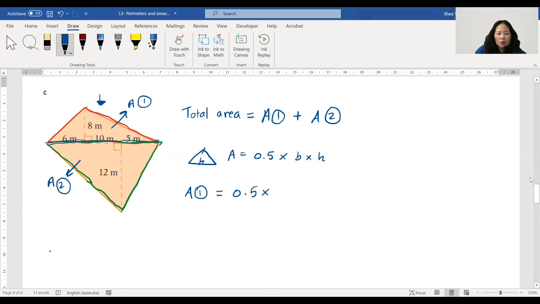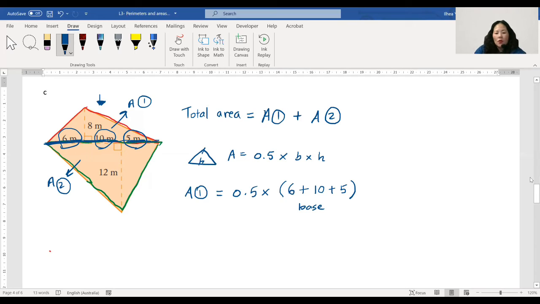Ooh, that looks like a big number. So for the base, I'm going to have to add it all up. 6 plus 10 plus 5. That's my base. Okay, I'm adding all this together, because 6 is from here to here, and then 10 is the other little bit and 5 is the other one.